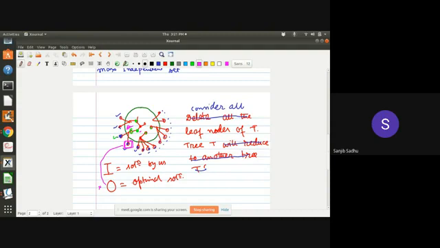I can replace one of the solution, suppose it contains x, while this x is absent in this case, and this is suppose y. So I will replace these y by x.